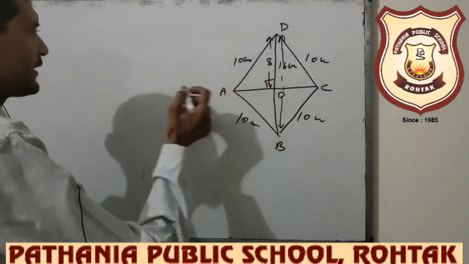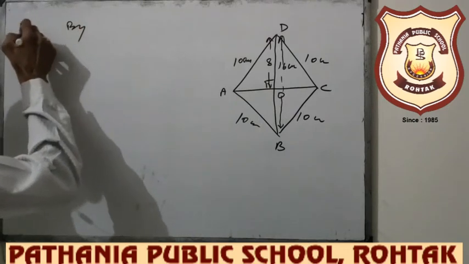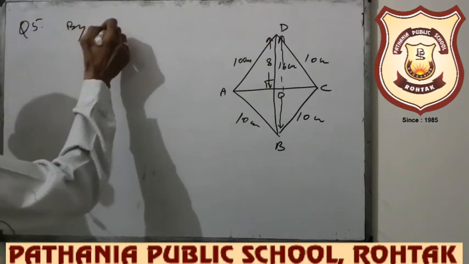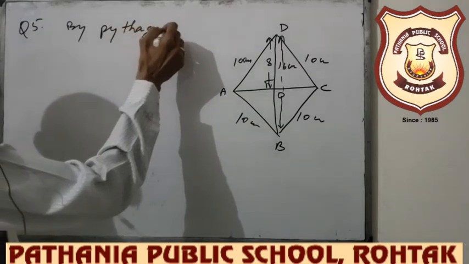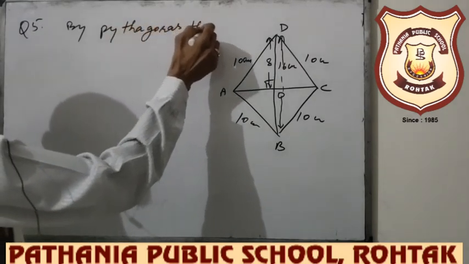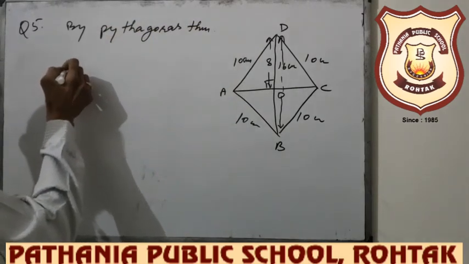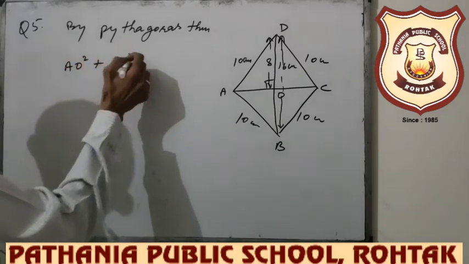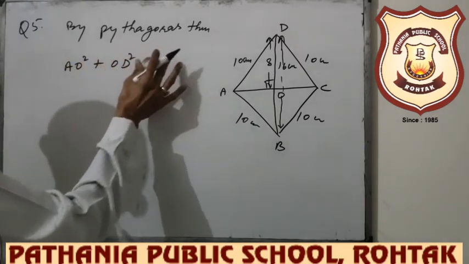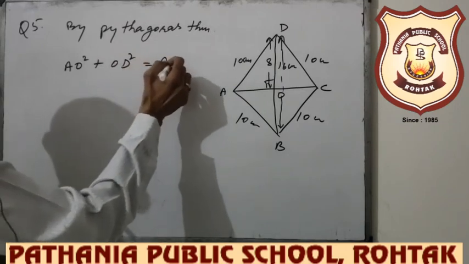Now in right angle triangle AOD, by Pythagoras theorem, apply AO square plus OD square is equal to side square, AD square.